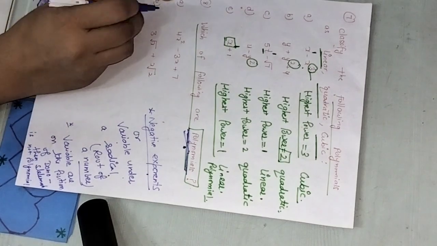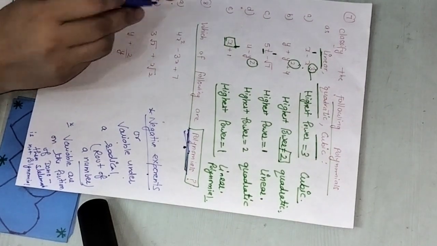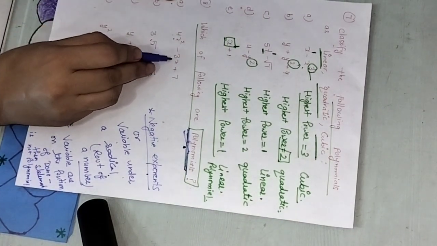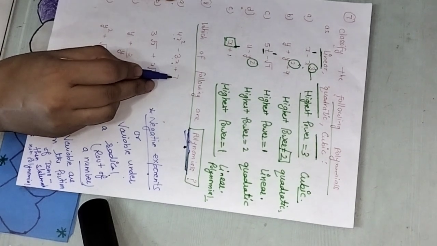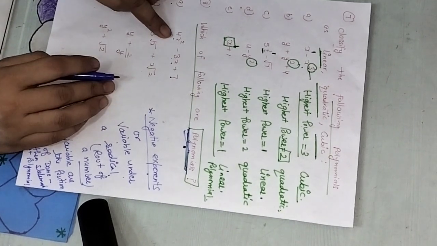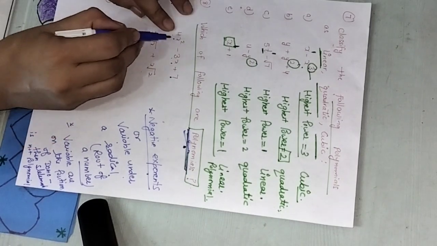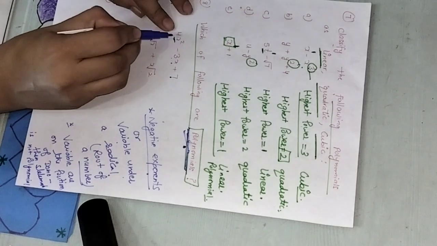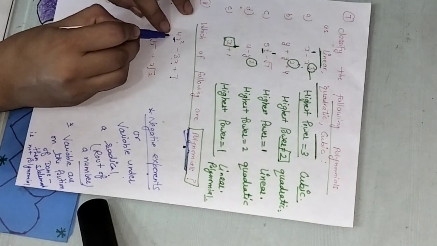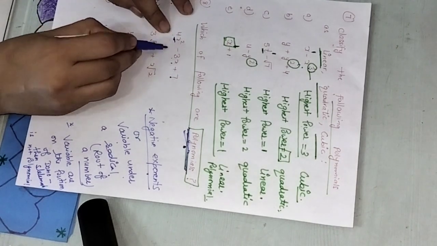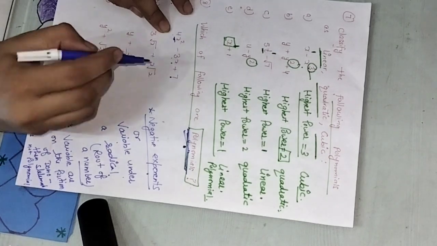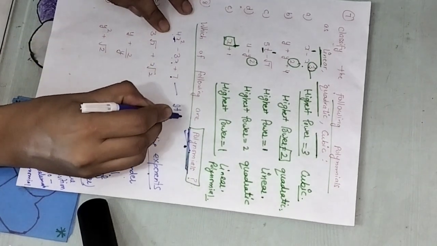Now part A is 4x square minus 3x plus 7, and we have to tell whether it is a polynomial or not. As in this statement the power is not negative, the variable is not in the position of the denominator, and there is no root on the variable, so it is a polynomial.